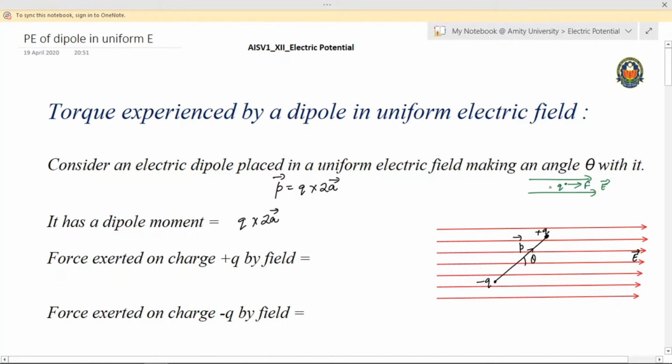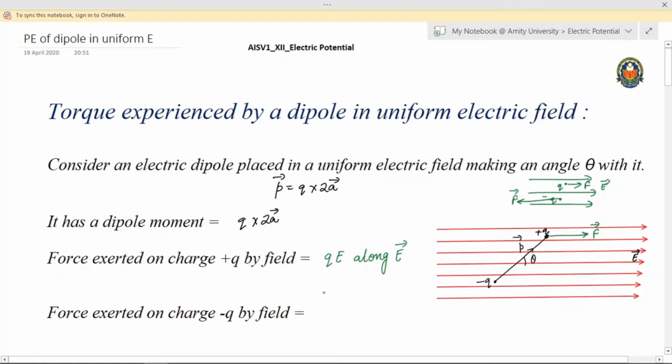But if the charge is negative, then the force will be opposite to the direction of E. Based on this previous knowledge, here also we can apply the same concept. This plus Q will experience a force along the direction of the field, with magnitude QE, acting along the direction of E.